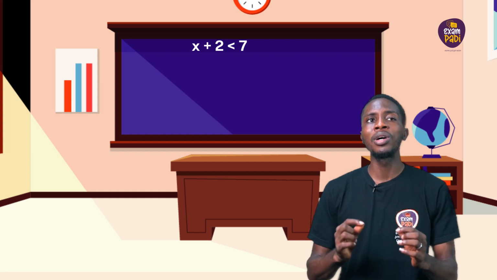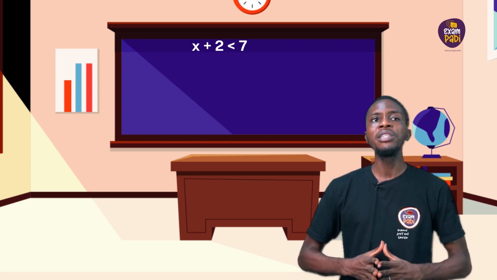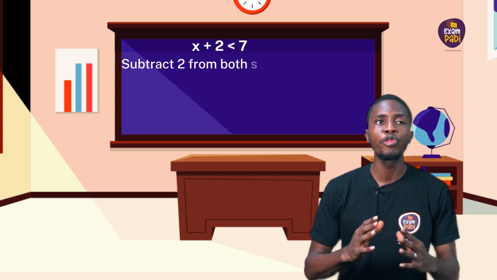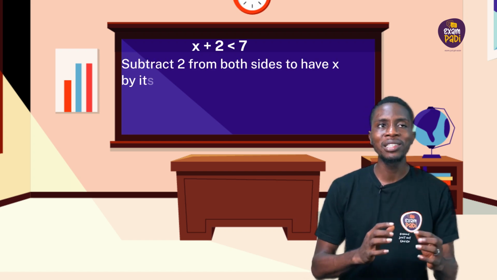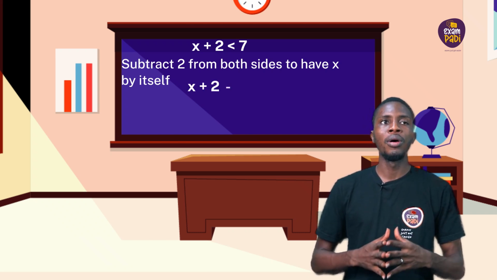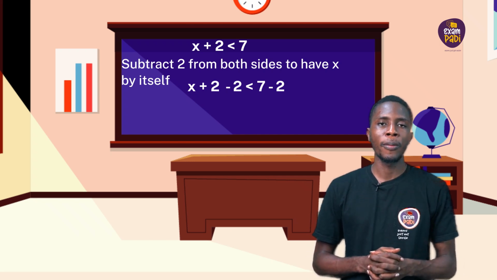Let's go back and look at x plus 2 less than 7. If this were an equation, you would only need to subtract 2 from both sides to have x by itself. That is, x plus 2 minus 2 less than 7 minus 2.